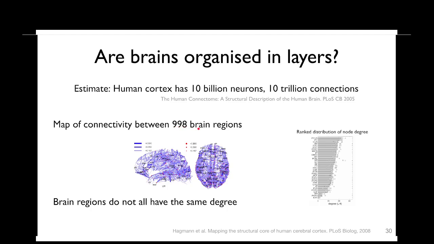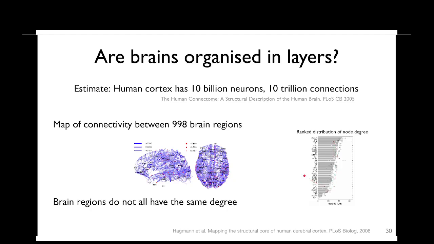So in terms of granularity, we're going from 10 billion neurons to just 1,000 brain regions and their connectivity. So this was published in 2008. And also between these brain regions, they mapped out this degree distribution, and you can see that also these brain regions are not evenly connected, but there is a deviation between them.